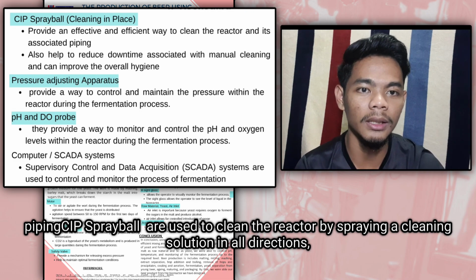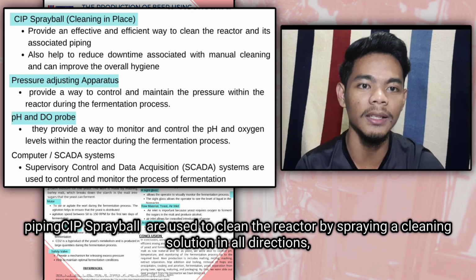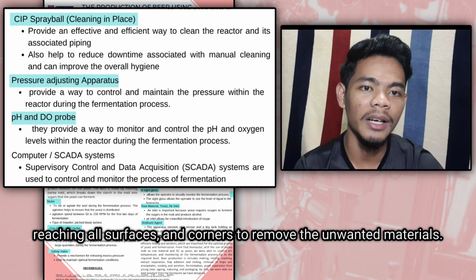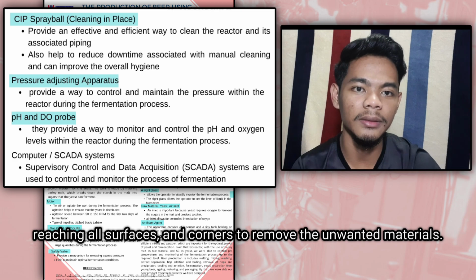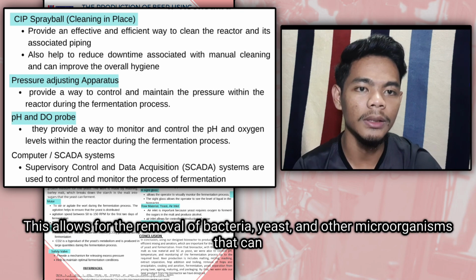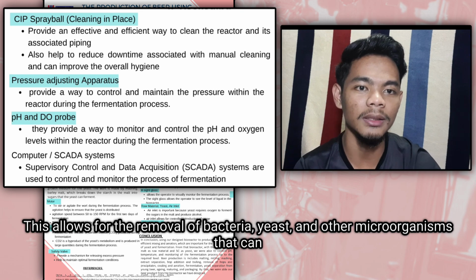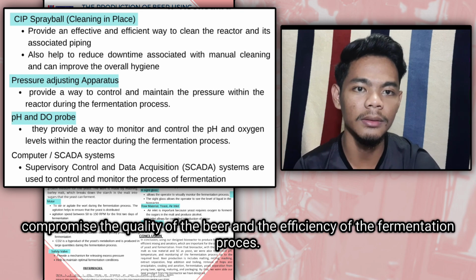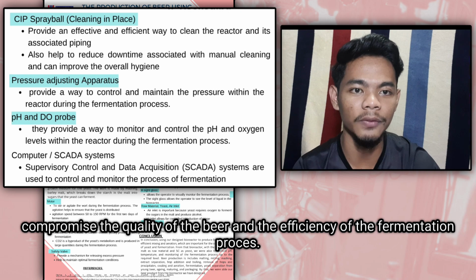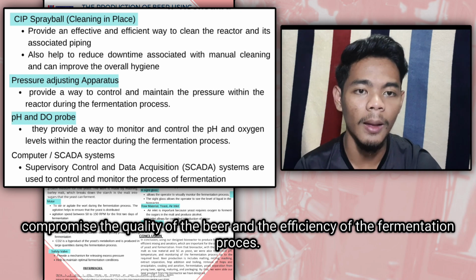CIP spray balls are used to clean the reactor by spraying a clean solution in all directions, reaching all the surfaces and contacts to remove unwanted material. This allows the removal of bacteria, yeast and other microorganisms that can compromise the quality of the beer and the efficiency of the fermentation process.